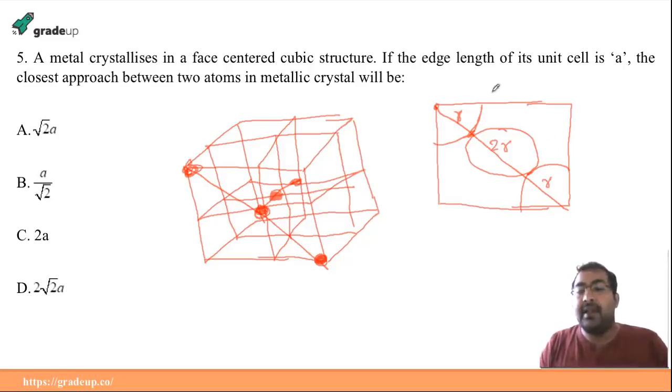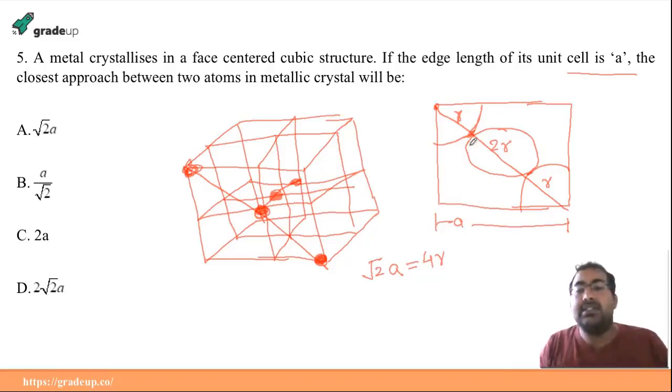So the diagonal of this face, if the side length of this cube is a, then this diagonal will be how much? It will be root 2 times a, obviously, by Pythagoras, right? And this is equivalent to 4r, that is r plus 2r plus r. So it's asking for the closest approach between two atoms.